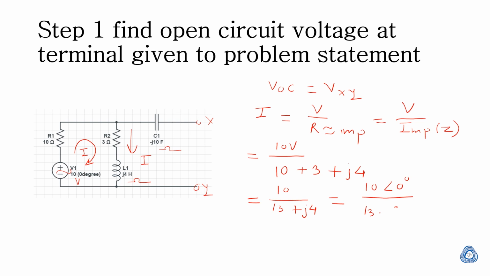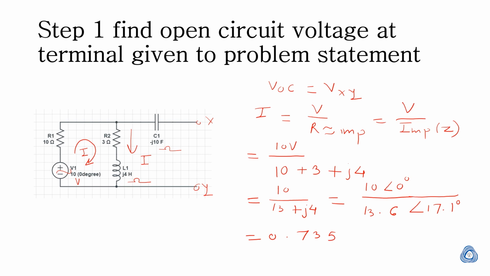In the calculator we can find this value, there is a direct conversion from rectangular to polar. Here we have a division, so 10 divided by 13.6 is 0.735, and the angle is 0.